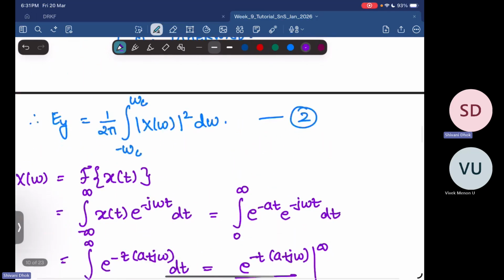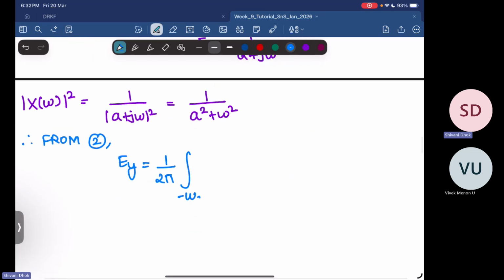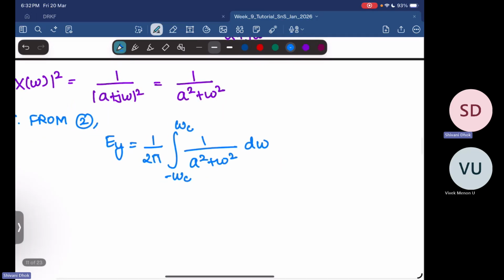So now let us plug in these things in equation 2. Therefore, from equation 2, Ey is equal to 1 over 2 pi integral from minus omega c to omega c of 1 upon a square plus omega square d omega. Now this 1 over a square plus omega square is an even function, so I can write this as 2 upon 2 pi, 0 to omega c, 1 upon a square plus omega square d omega.